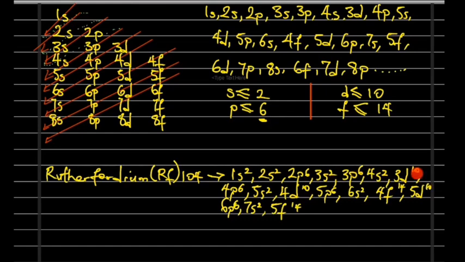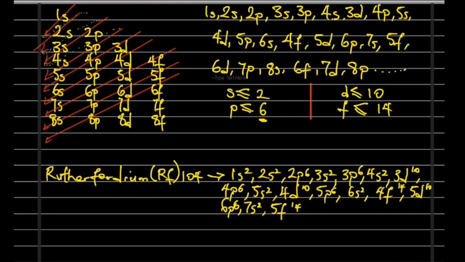plus 10, 30, plus 6, 36, plus 2, 38, plus 10, 48, plus 6, 54, plus 2, 56, plus 14, 70, plus 10, 80, plus 6, 86, plus 2, 88, plus 14 will give us 102, and then we are going to 104.